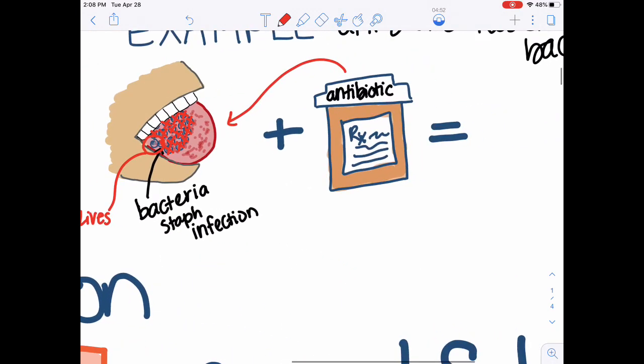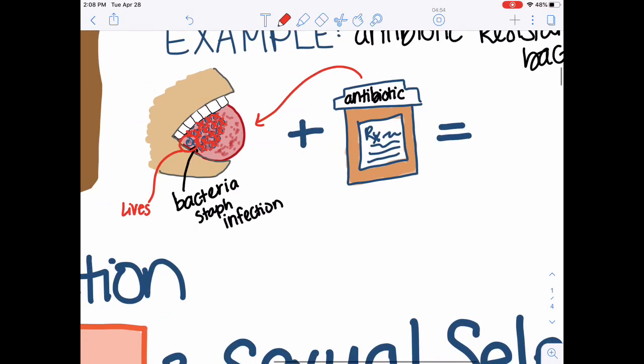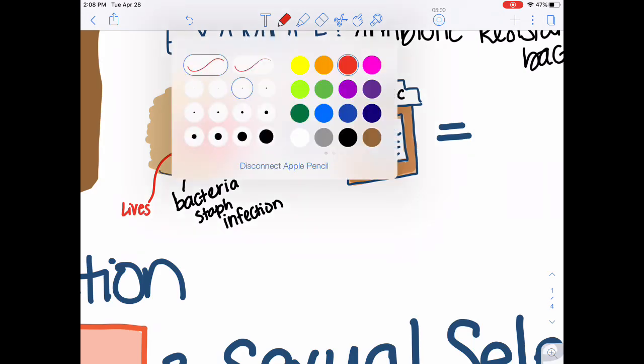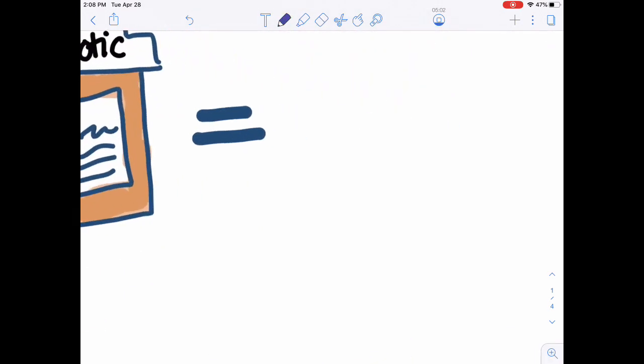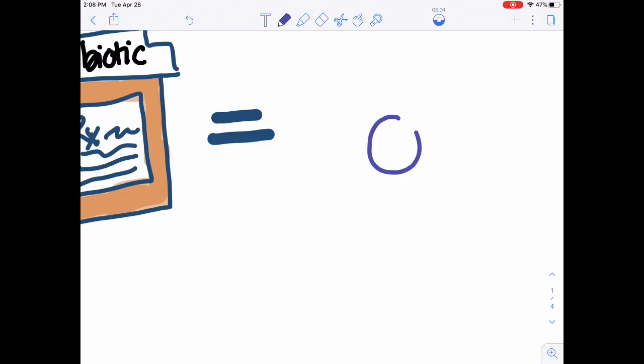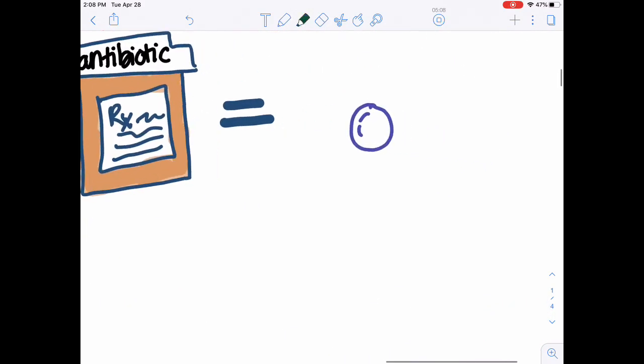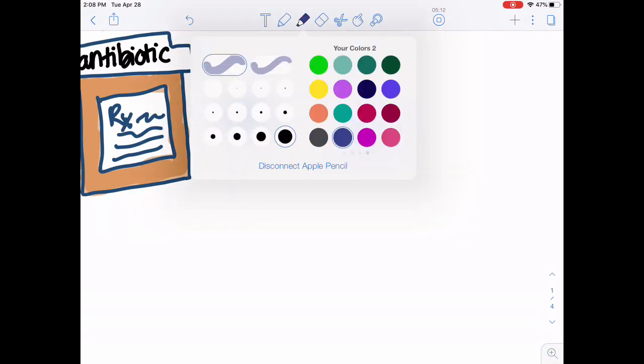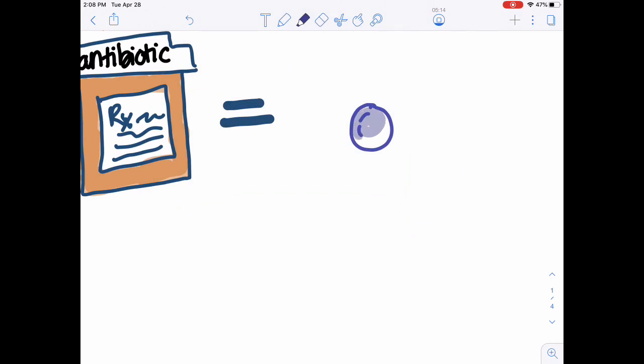That one bacteria didn't just get lucky. It's not like it was hiding out in a really good place. That one bacteria has some sort of genetic anomaly. So here's that bacteria, of course, drawn way larger than what it should be drawn.